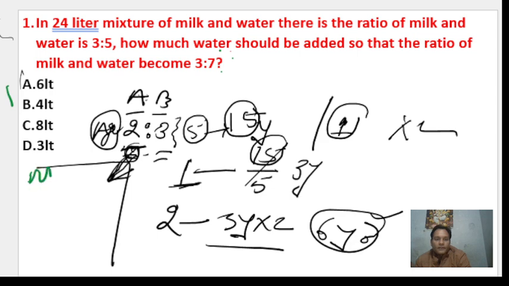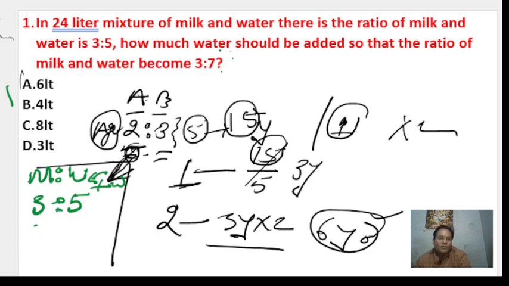Like here, you are given that the ratio of milk and water is 3:5. Here the milk and water ratio is 3:5, and he wants to add some water. He doesn't know the quantity of the water, but he has the ratio.